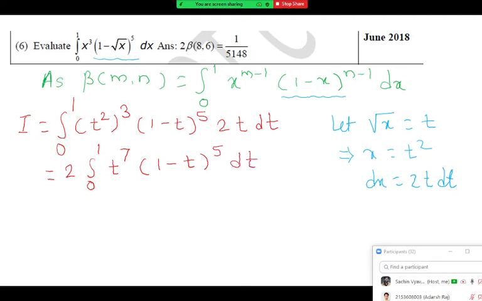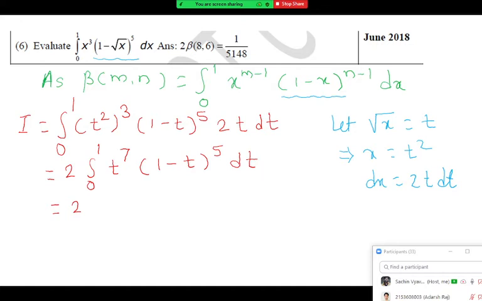Now can we write the value of this integral by the definition? What should be that value? What should be the value of the integral in beta? I'm not getting any answer.